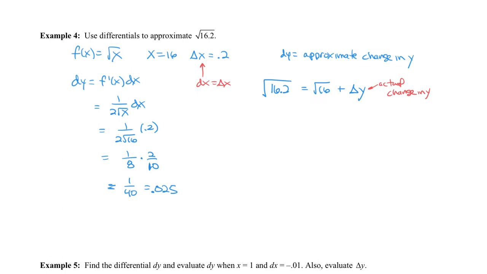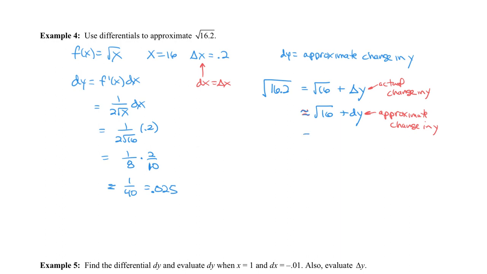Well, that's equal to approximately the square root of 16 plus dy. Again, dy is the approximate, not actual, but the approximate change in y. So we're going to use it as an approximation.